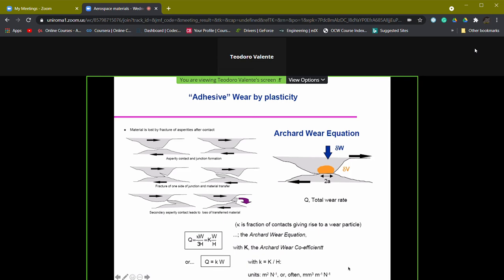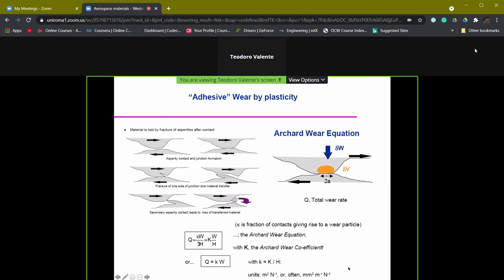This means that for a given applied load, the stresses and pressure on the asperities in contact can be considerably higher than those calculated by using the apparent area, because asperities are very small in extension, and so the normal load is divided by very small areas.